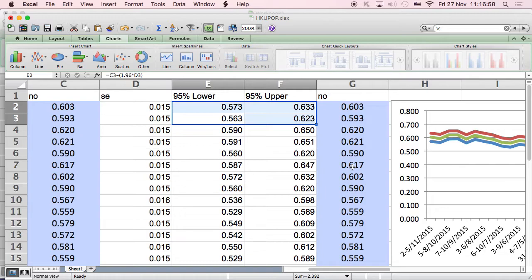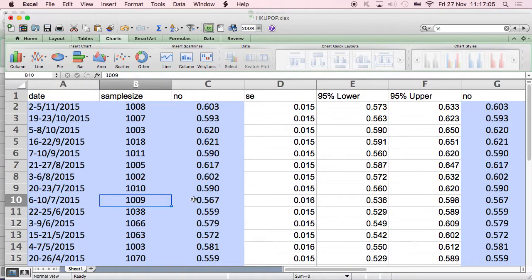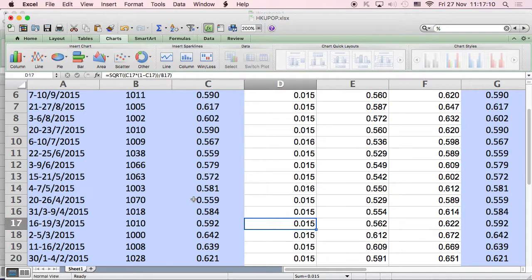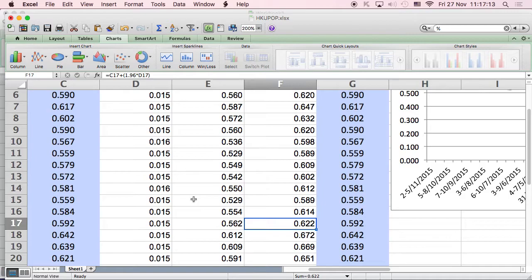Okay, and if you look at the data, there should be some occasion that, for example, this one, no, they still cross each other.